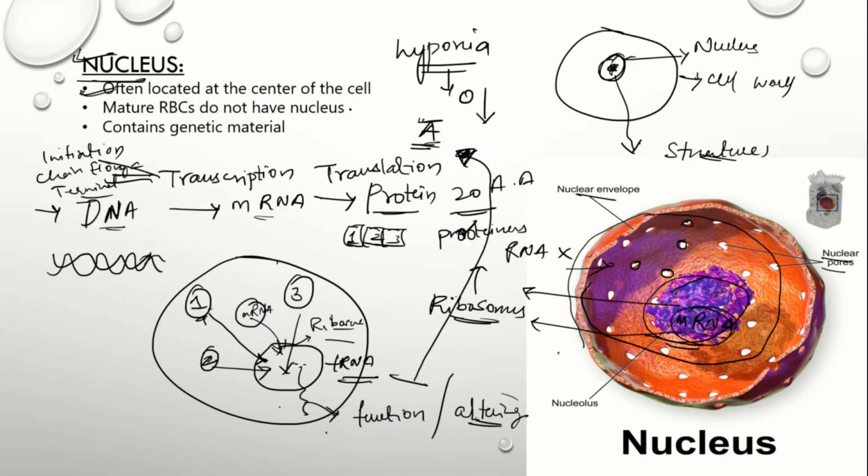Now, the nucleus is often located at the center of the cell, and an important point, don't miss this: mature RBCs do not have any nucleus. The mature erythrocytes do not contain any nucleus.